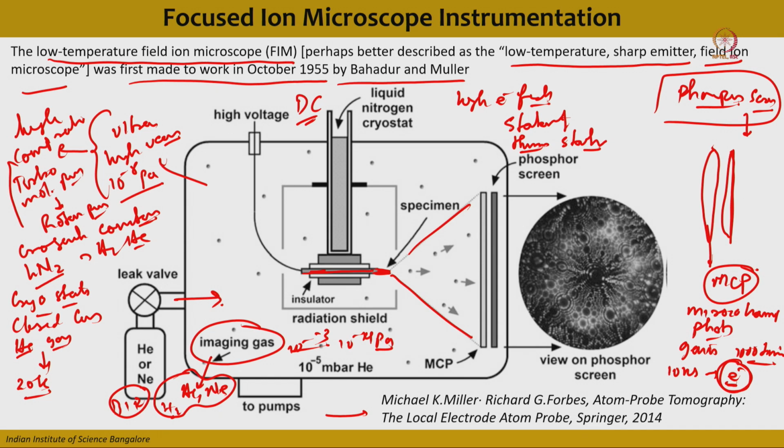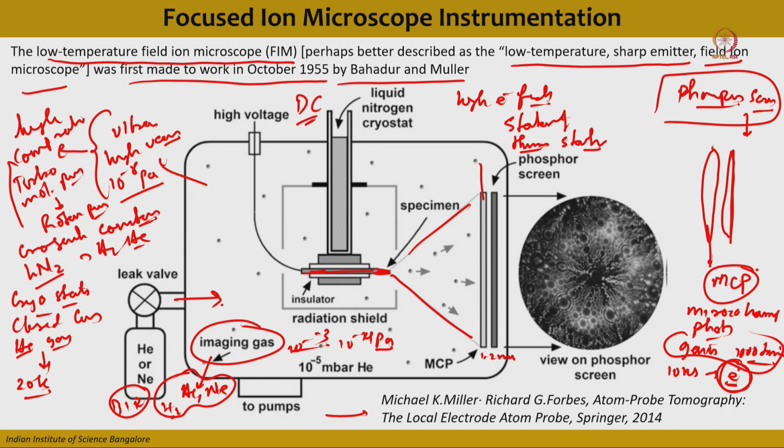Okay. So, this is the role of the MCP plate. Remember, the gain increases by 1000 times as compared to the ion striking the phosphor screen. So, as I told you, these MCPs are located just 1 to 2 mm apart in front of the phosphor screen.